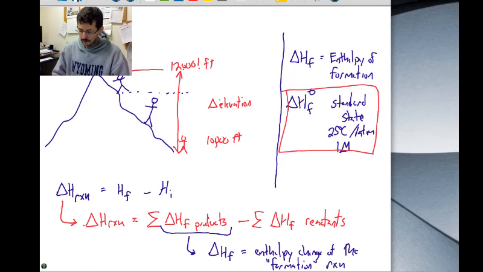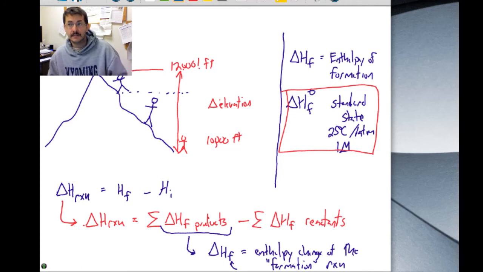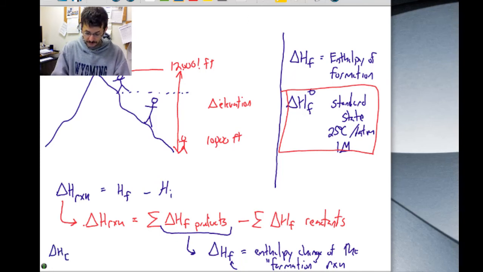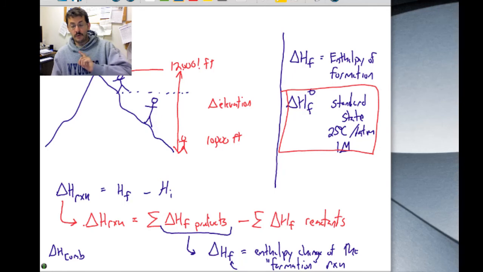Just as a little clue, these little subscripts, F, R X N, represent certain specific reactions. Combustion, delta H of combustion, the enthalpy change of a combustion reaction. So your job is to know what reaction is associated with each of these little symbols.